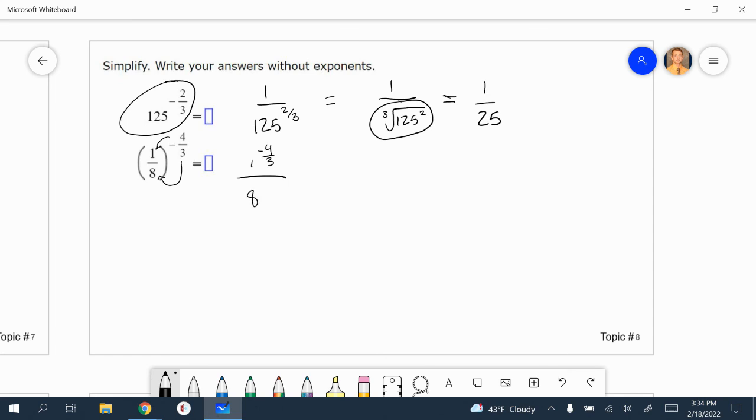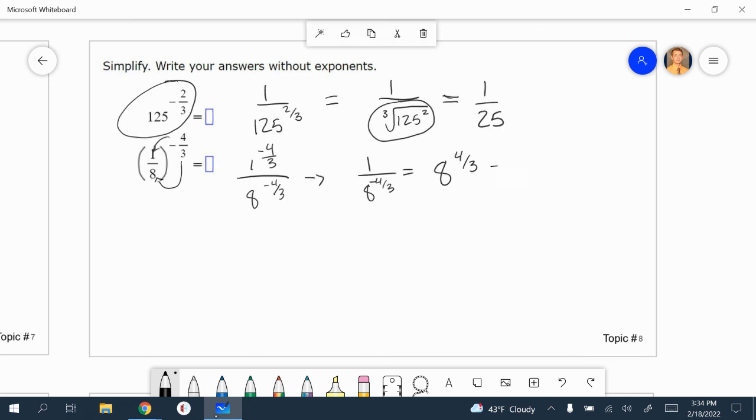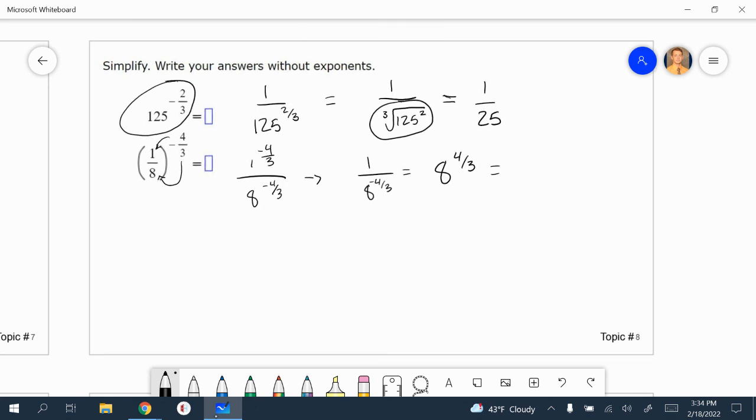But then we have 8 to the negative 4/3 power. My next step would be just make that a 1 over 8 to the 4/3 power. Negative 4/3. And then my last step would be to change that 8 and flip it to the top. So I'd have 8 to the regular 4/3 power. Now if I change that into a radical, I would have the radical 8.